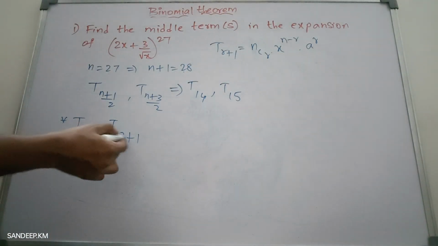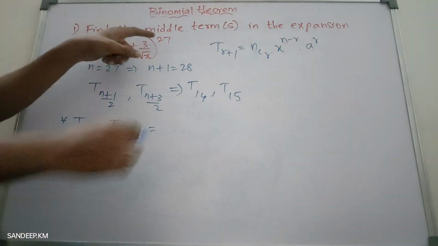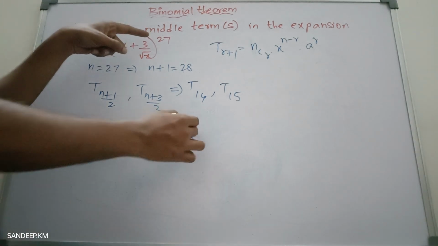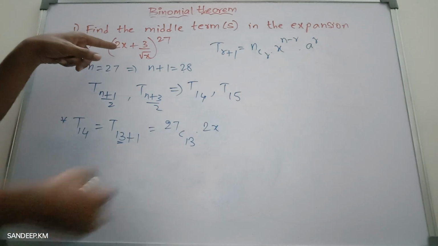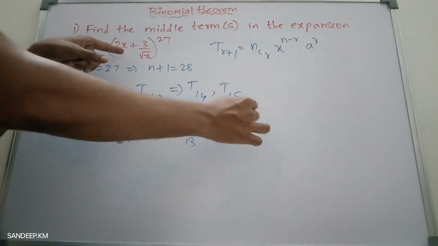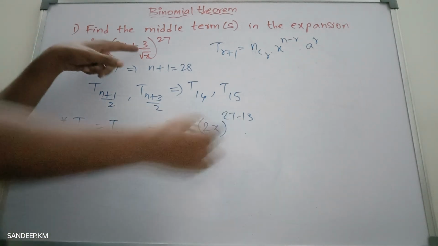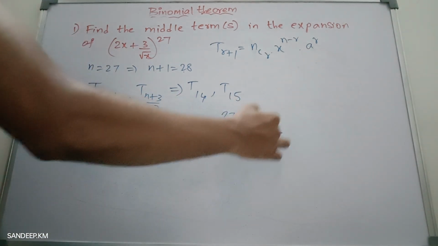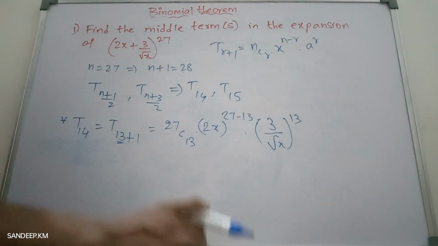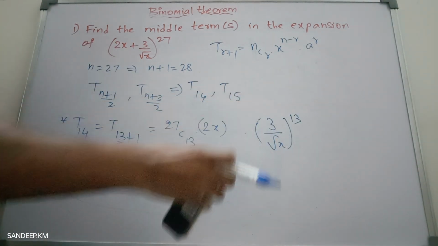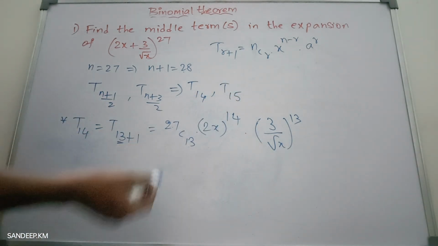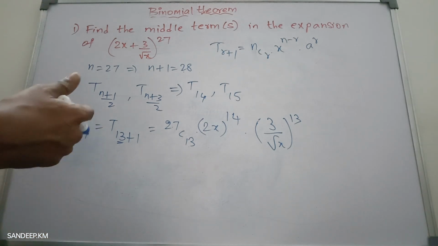So similarly here T(13+1) is equal to 27C13 into the first term 2x power 27 minus 13, into the second term 3 by root x whole power 13. And in the next step you can write 27 minus 13 as power 14. After this, if you want, you can simplify, or else you can leave it like this, depending on what they are expecting.